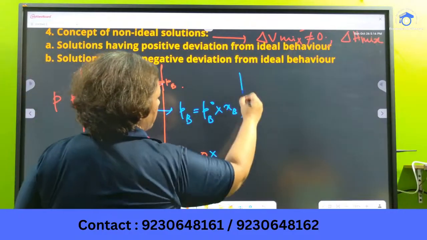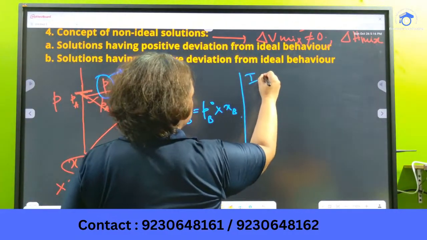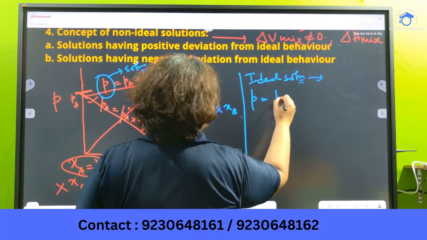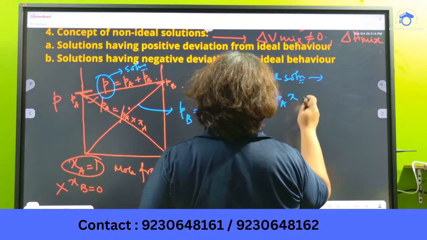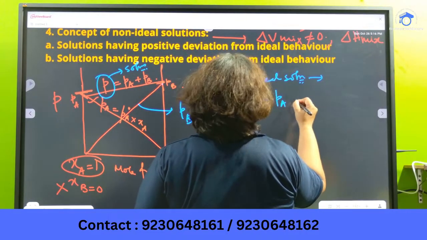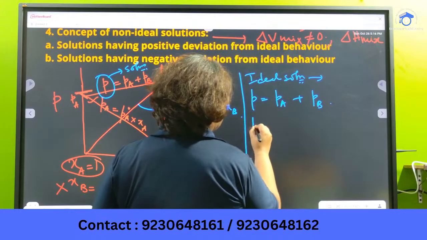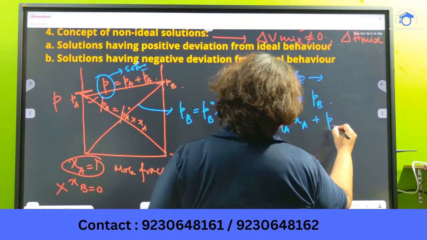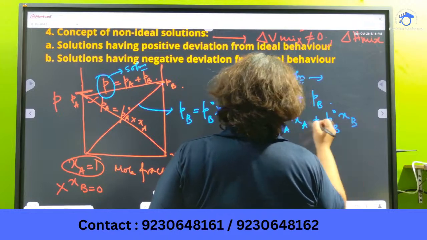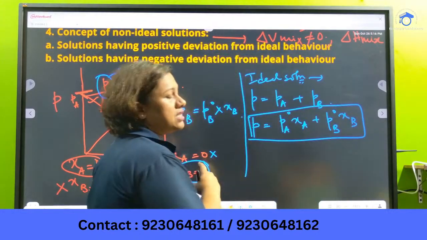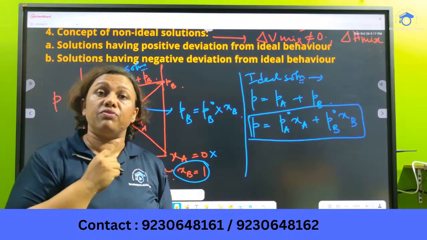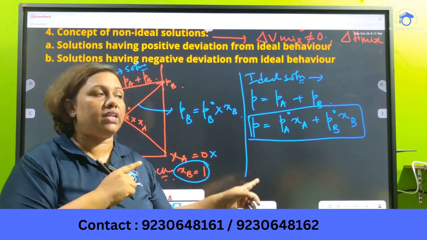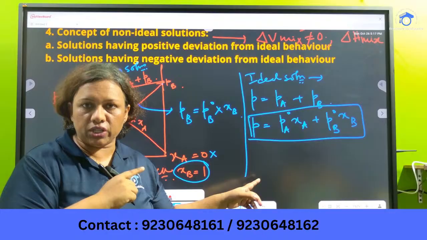Okay, that means for ideal solution, this equation is very important, very important. Okay, this is for ideal solution. Please have a screenshot for it. This is very important. This is ideal solution का vapor pressure का equation है.